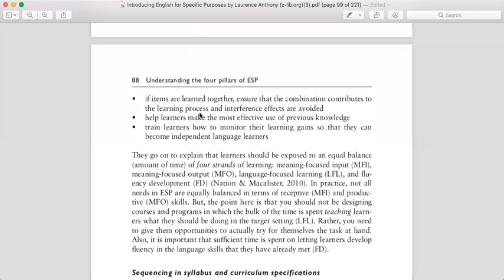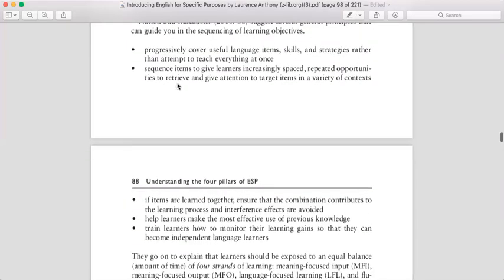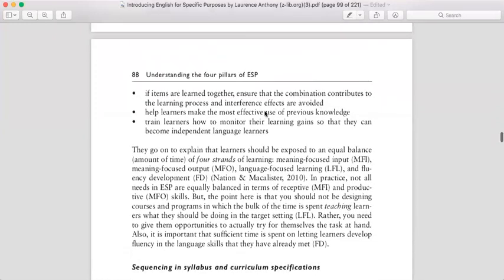Okay, and similar to the next principle that we have done, you are taking care of giving them repeated opportunities so that they can practice it again and again, and that becomes part of their previous knowledge.